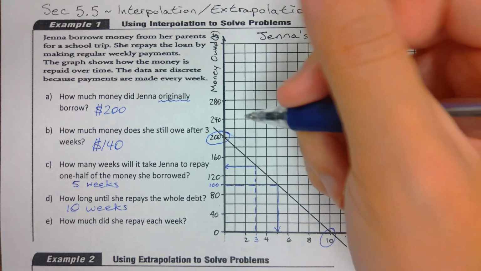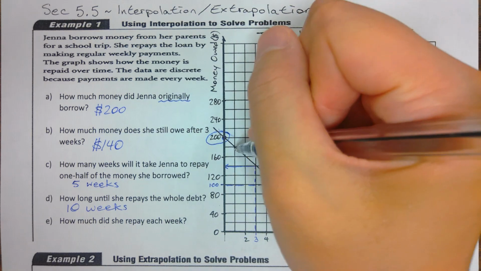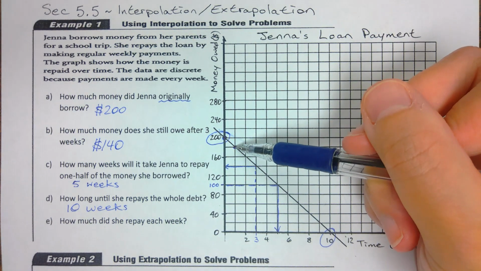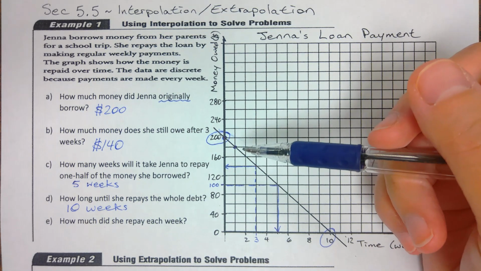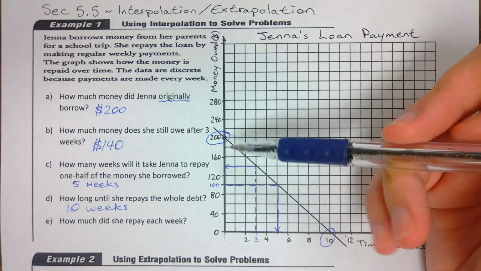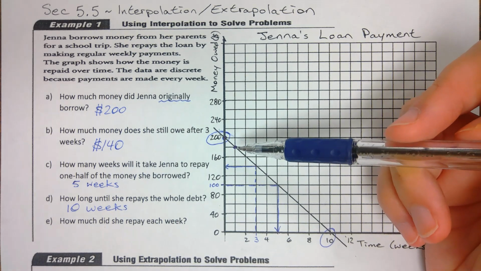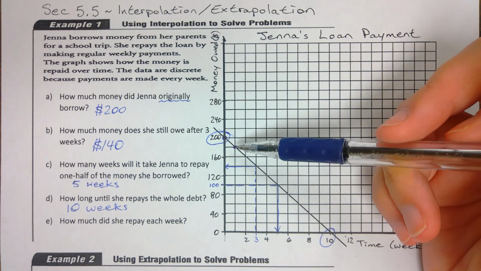How do you know? Mathematically? Okay, if you just divide both by 2, you get every week. Okay, so 2 different ways you can tell.